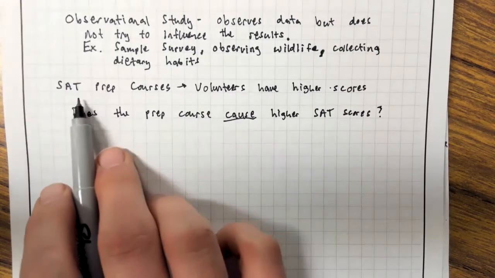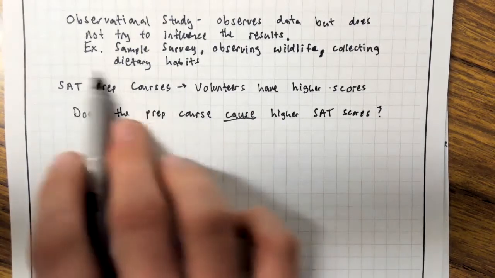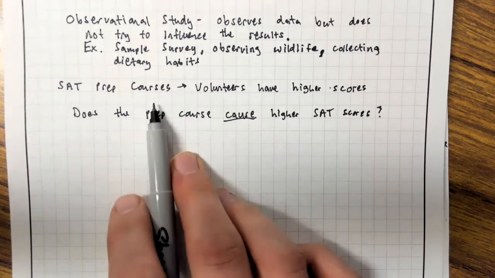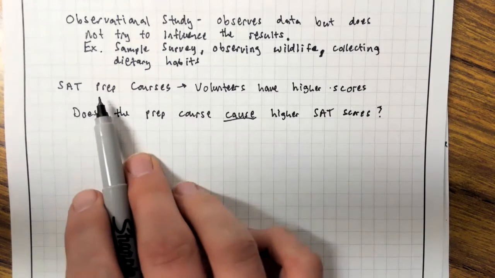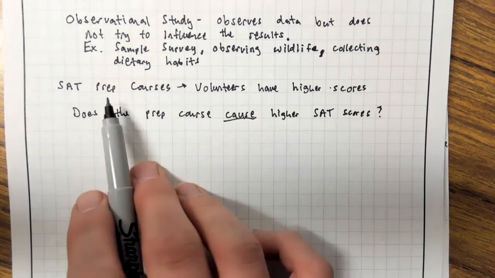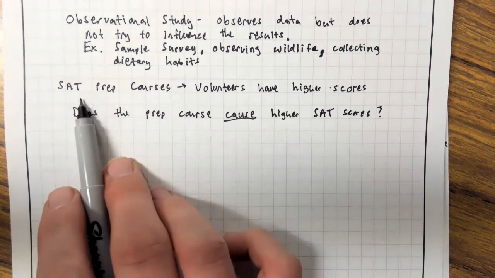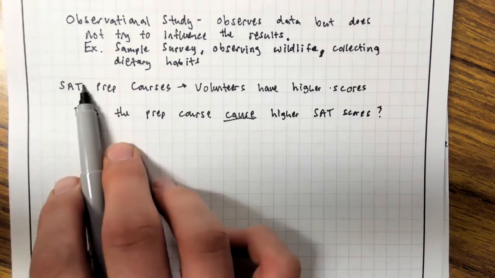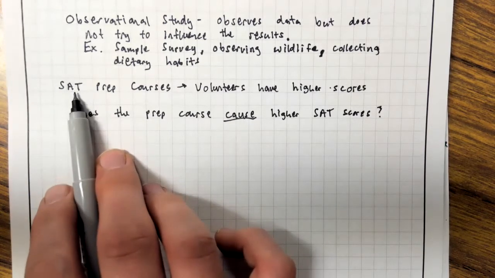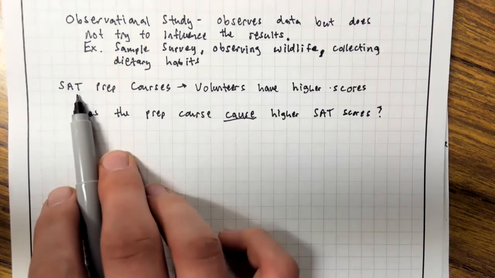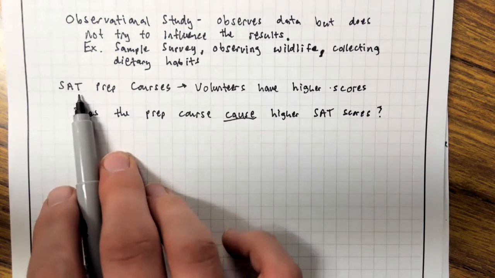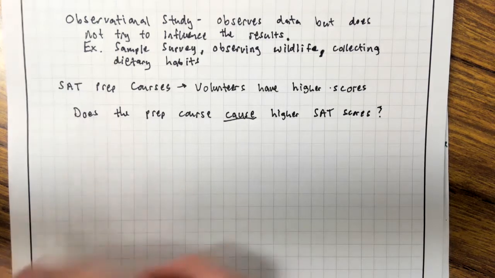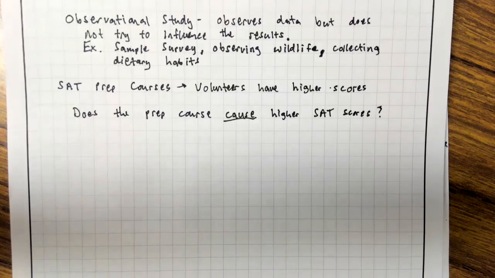Think about the people that are taking these SAT prep courses, the volunteers. They're taking time out of their day, either after school or on Saturdays, to attend these courses. So if they're volunteering to do this, they probably care very much about scoring well on the SAT. People that are not volunteering are probably not too concerned with doing well on the SAT, not so concerned with college admissions, and of course they're going to get lower scores because they just don't really have motivation to do well.